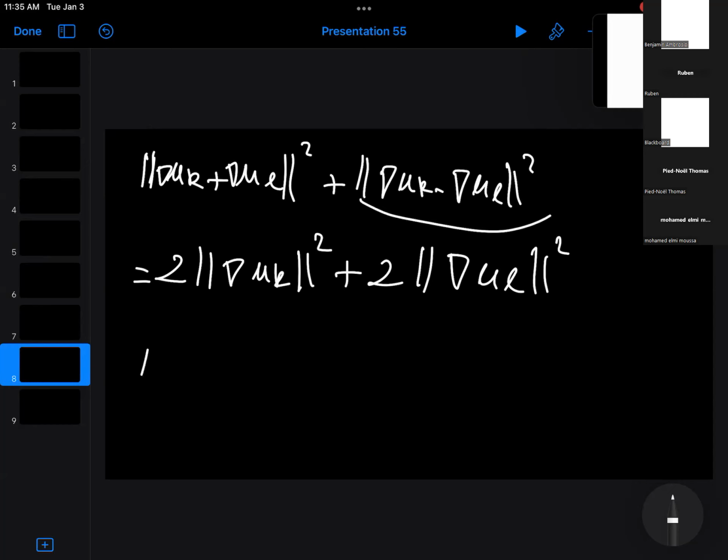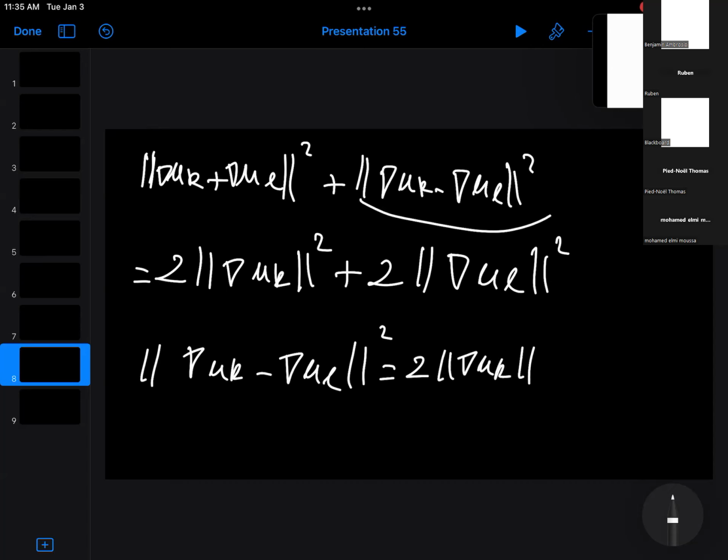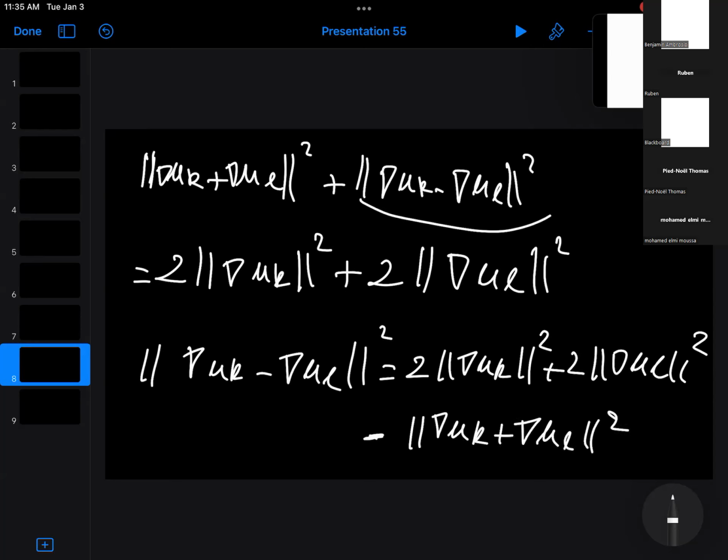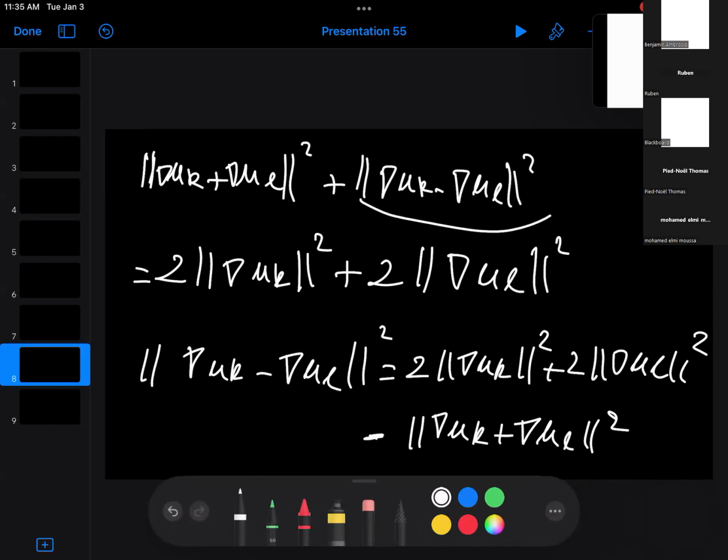So from here, I get that grad UK minus grad UL square equals 2 grad UK square plus 2 grad UL square minus grad UK plus grad UL square. All right, so first things first, this converges, right?